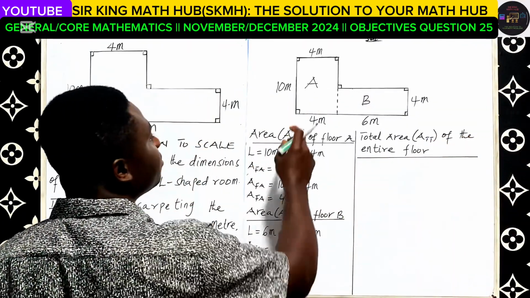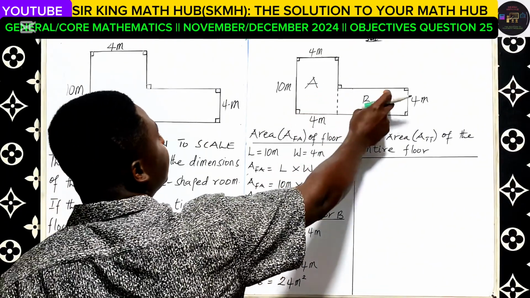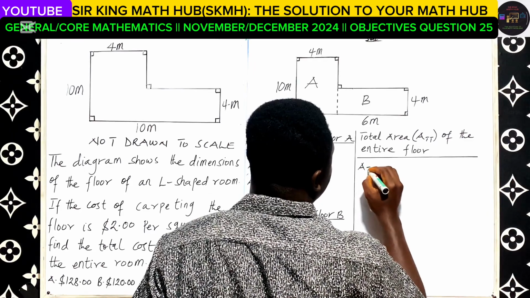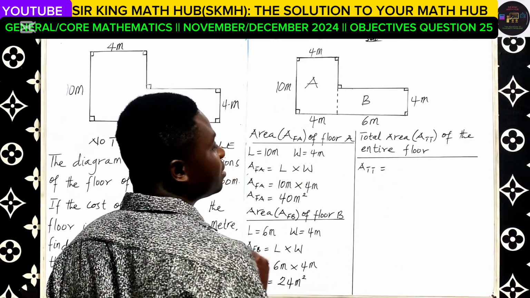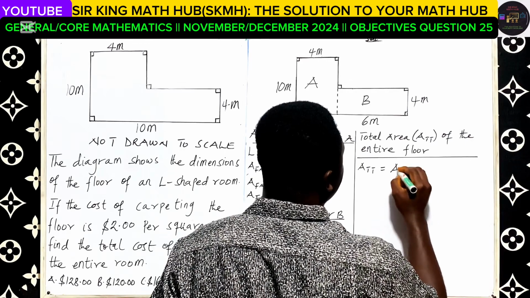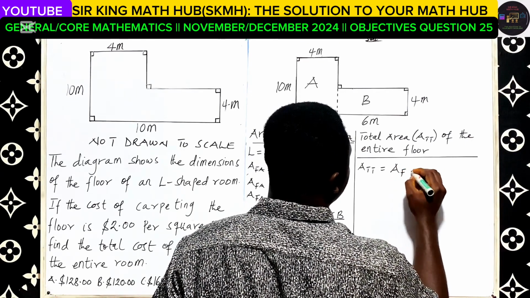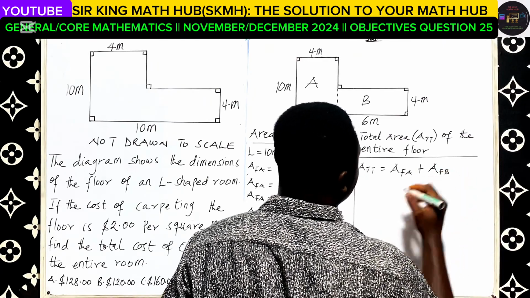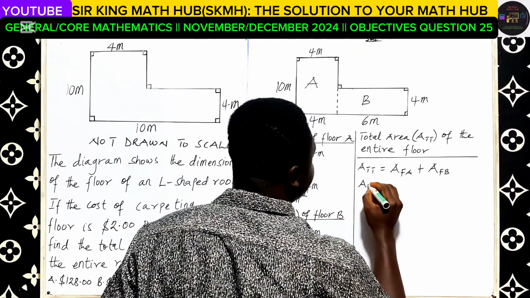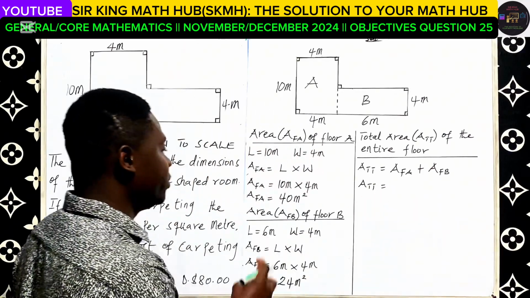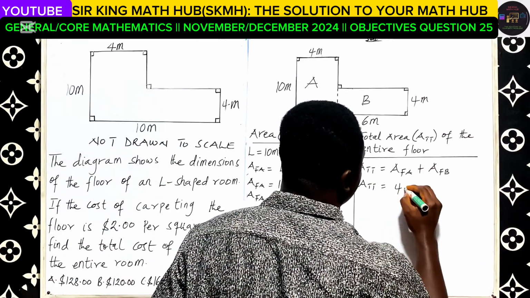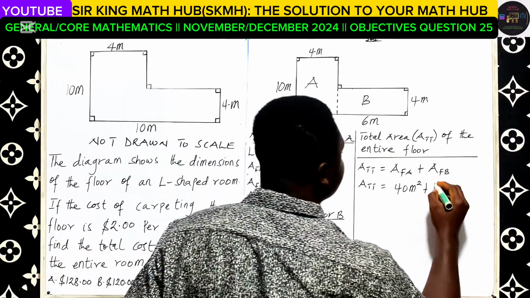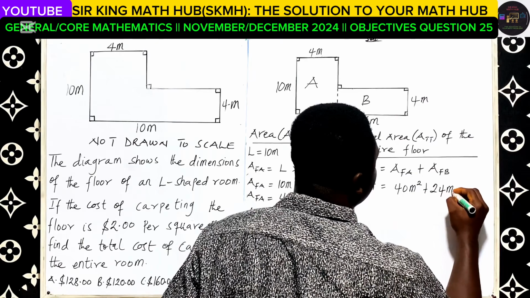That will be the sum of the area of floor A and the area of floor B. For floor A, we have 40 meters squared, plus the area of floor B, 24 meters squared.